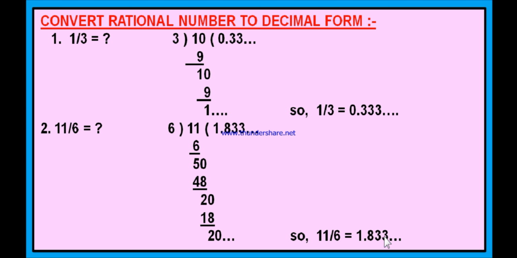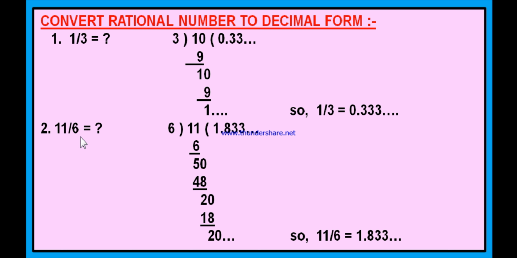And at the same time, this 3 is repeating. This part of this decimal is repeating. Therefore, it is a non-terminating and repeating decimal number. Isn't it? Now you observe these two examples. In any fraction, if the denominator contains only 2 and 5 as factors, then such rational numbers will be terminating decimals.